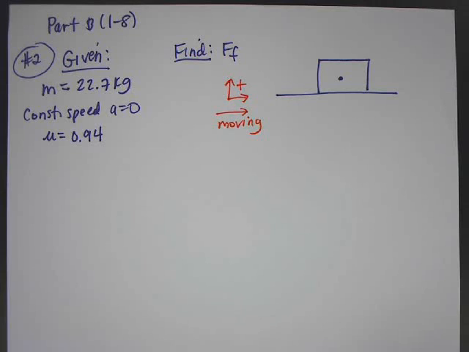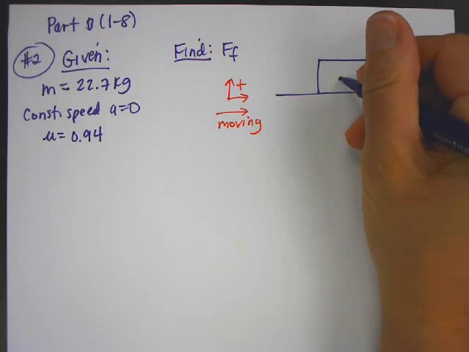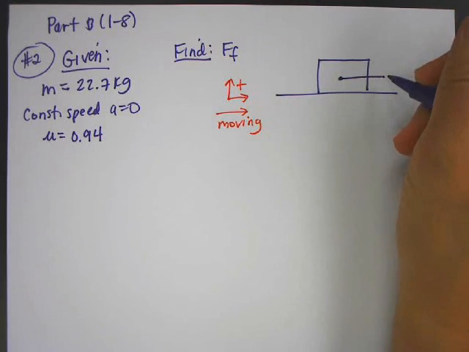So now I'm going to draw all the forces that are acting on the box. Whenever we draw a free body diagram, the tail of the force always comes out of the center of mass. In this case, it says it moves horizontally at a constant speed, and there is an applied force acting on it.